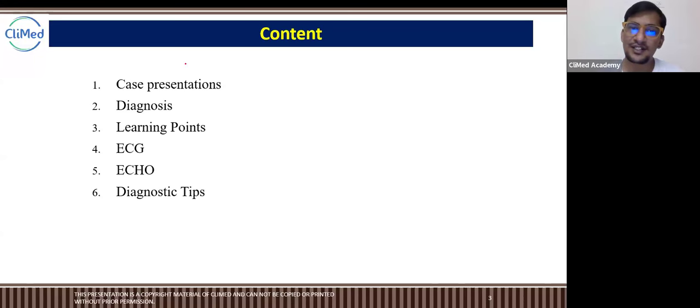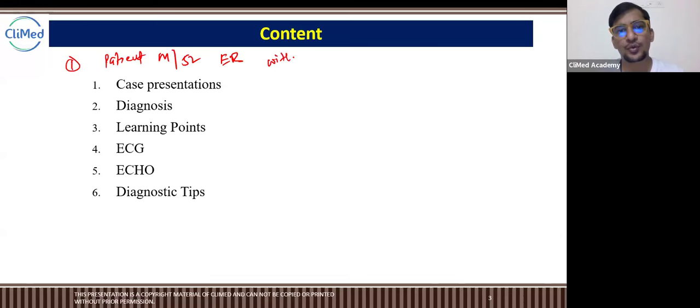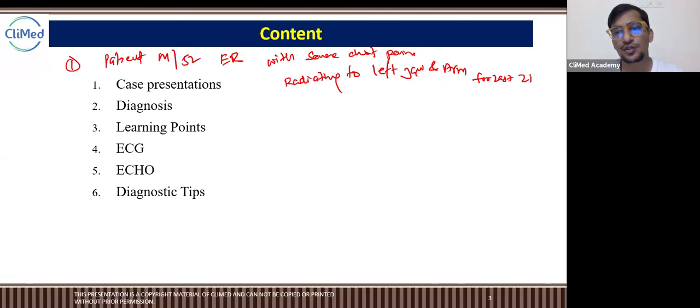So guys, here is the very simple question. One patient, male 52, comes to the emergency room with severe chest pain radiating to the left jaw and arm for the last 2 hours only.